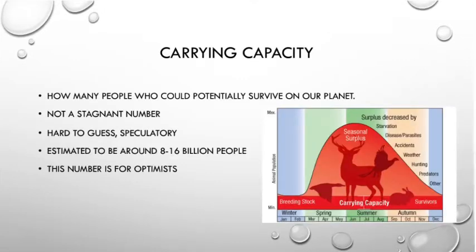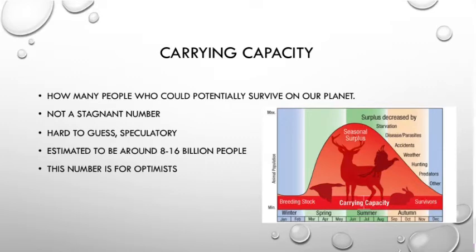Well, then we get into our carrying capacity, which is how many people can potentially survive on our planet. This is not a stagnant number. It can change constantly due to technology, more available resources, or even can decline if the environment gets worse. It is very hard to guess what our carrying capacity is because it's not really a fixed number.